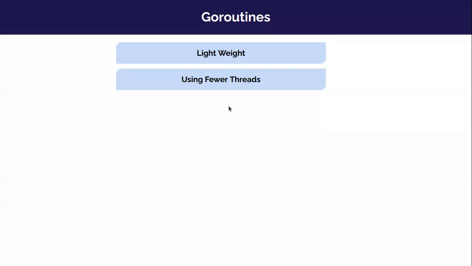Now if we consider other programming languages, for each task they use different threads. Let's say for task 1 they use thread 1, for task 2 they use thread 2, for task n they use thread n, and so on.